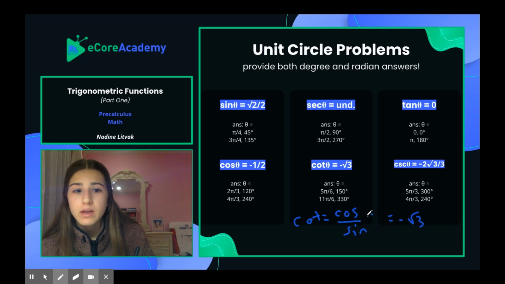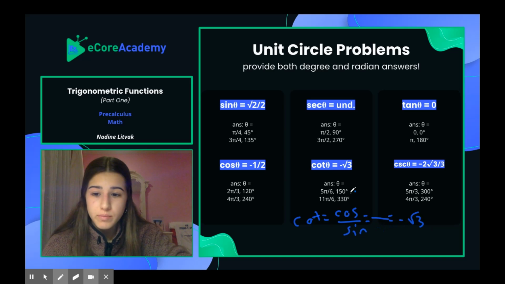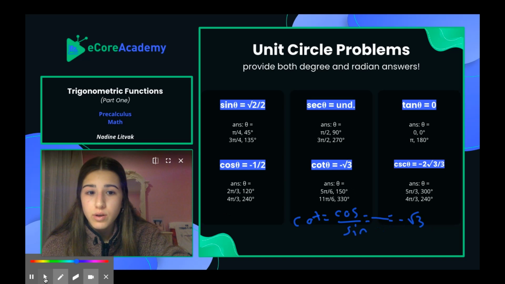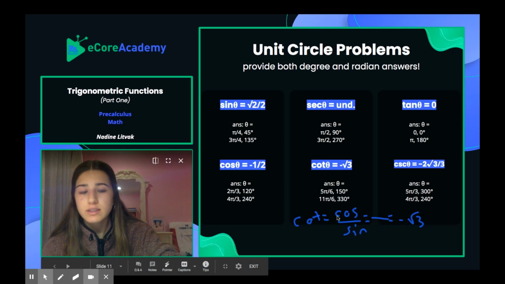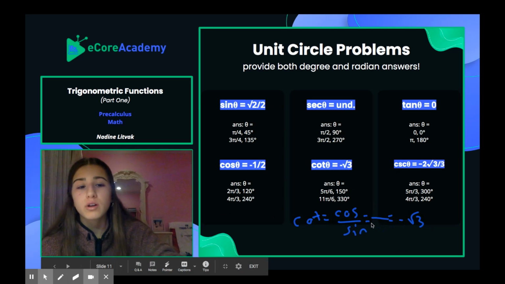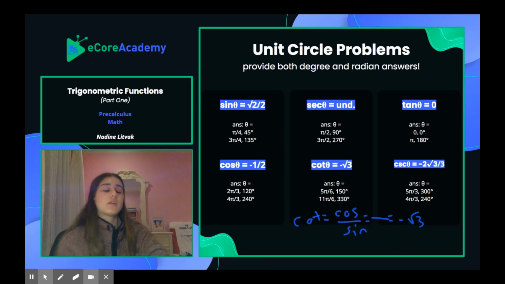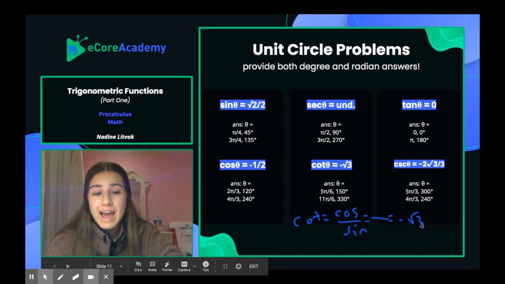So we need to come up with values for cosine and sine that would get you negative root 3. Okay? So let's go to the unit circle, cosine and sine on the unit circle. So we know it has to equal negative root 3.